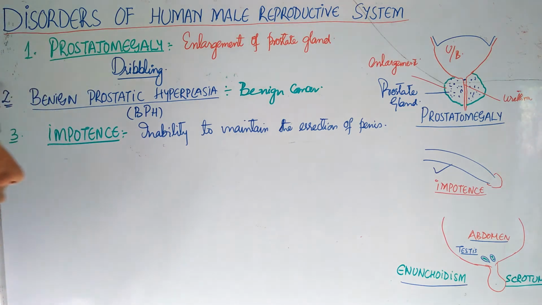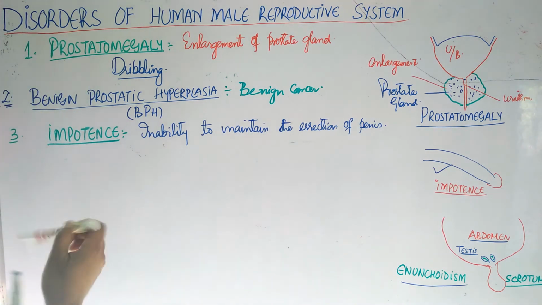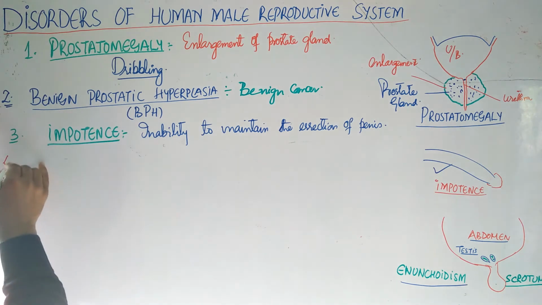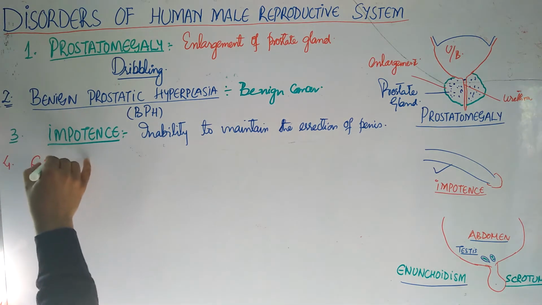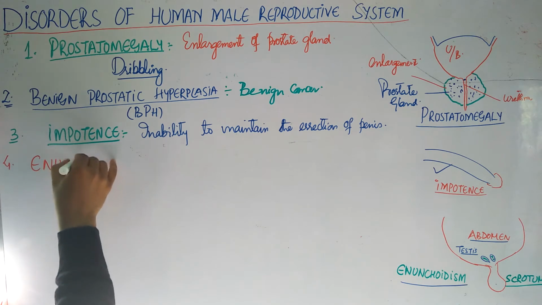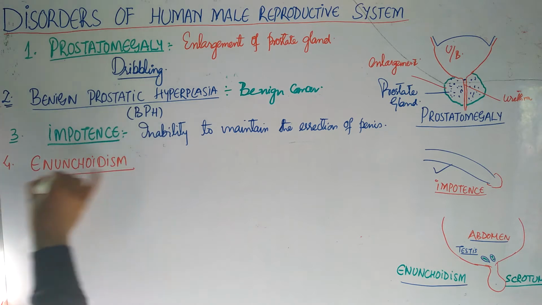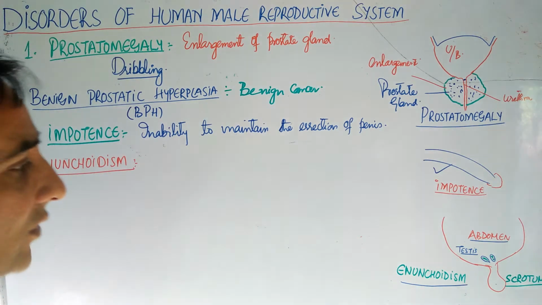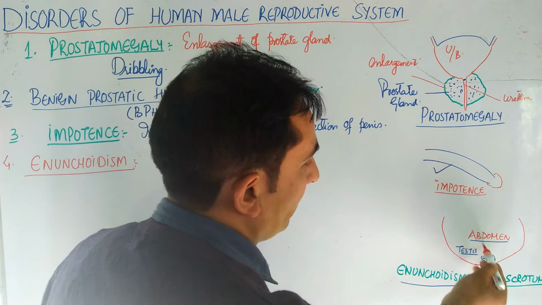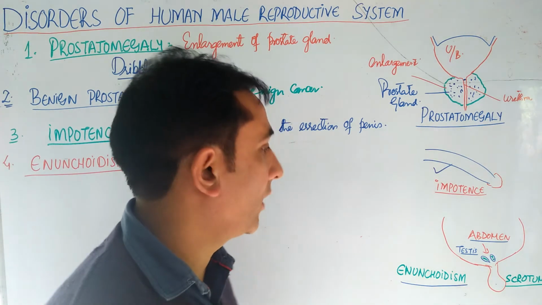After that, the fourth type of disorder is cryptorchidism. Cryptorchidism is a disorder in which the testes remain in the abdomen; they fail to descend down into the scrotum.